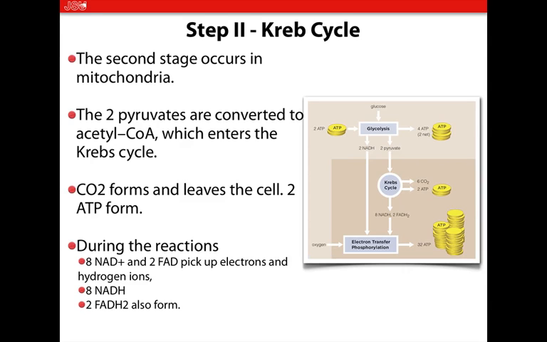So what do I mean by that? The NADH and the FADH2 are proton carriers. These are going to hold protons, and these you can think of as coupons, if you will, for ATP. Okay? These NADHs and FADH2s will be used as coupons where we can take them to the next step, electron transfer phosphorylation, and exchange those for ATP.